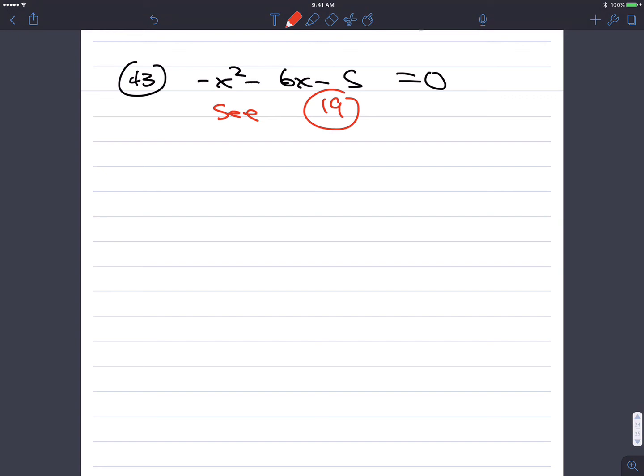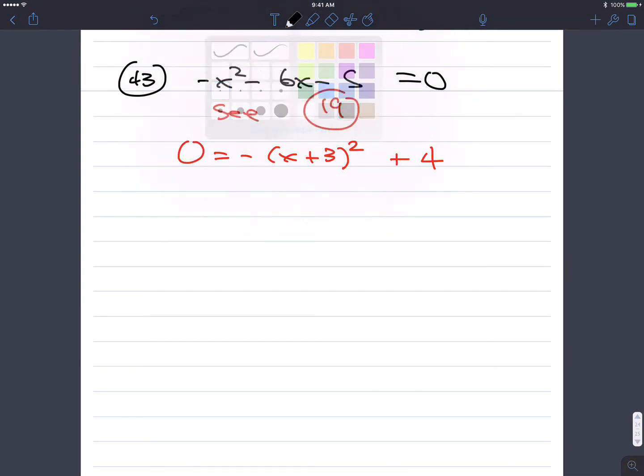And number 19, what's our final answer for 19? Looks like negative x plus 3 squared plus my 4. I just replaced this y here with 0.